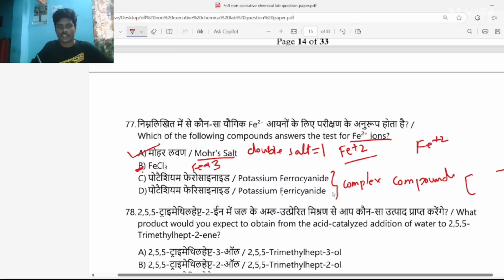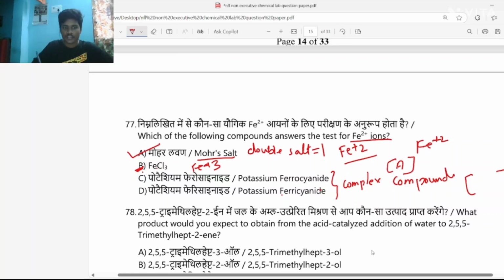Next question, what product would you expect to obtain from the acid catalyzed addition of water to 2,5,5 trimethyl heptene? Hept means 7 carbons. Let me draw 7 carbons: 1, 2, 3, 4, 5, 6, 7.